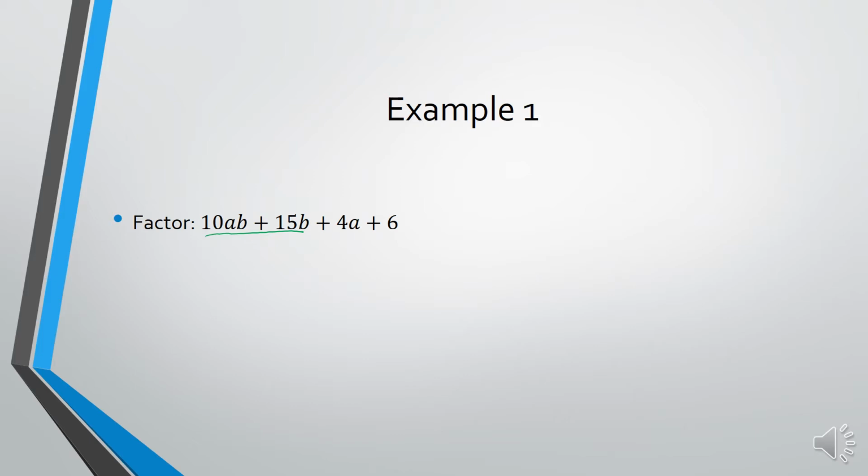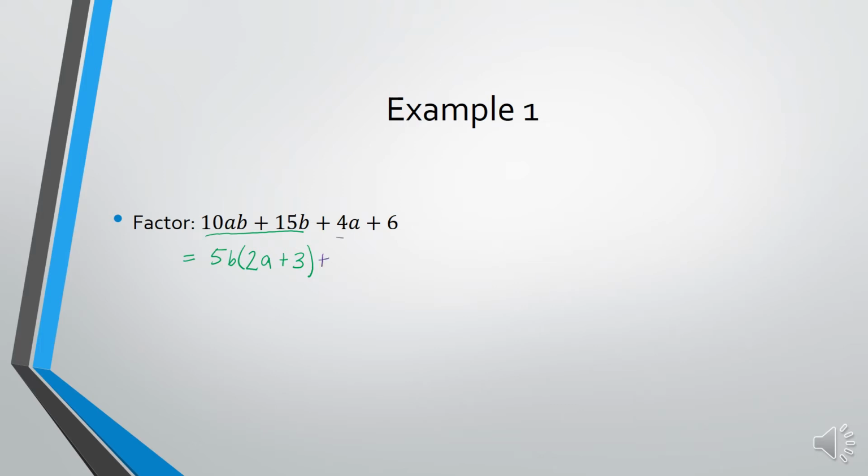And if you've forgotten that, go back to the greatest common factor video that we did. So my greatest common factor should be 5b. And if I pull out a 5b, I believe that leaves me with 2a plus 3. So that takes care of our first set.